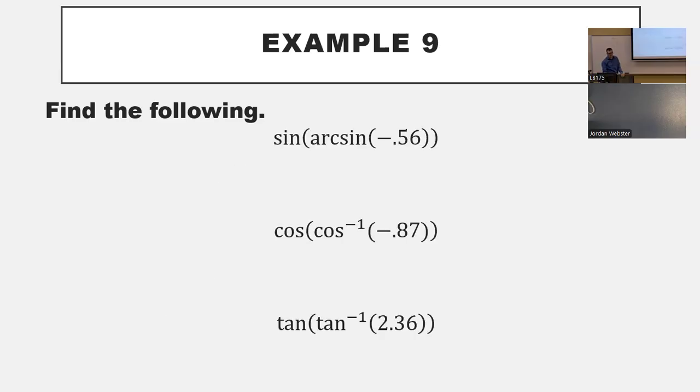By the way, if you do this in reverse, as long as we have something that's legitimate to plug in, we're going to get no problems. If we do the arc sine first and then hit it with sine, we should get back negative 0.56. Try that on your calculator.